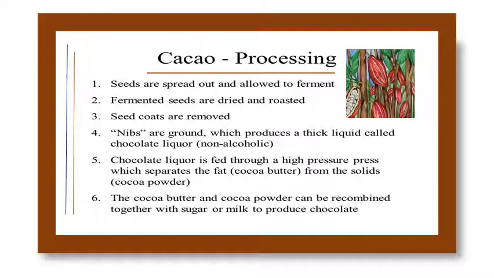The fat is called cocoa butter and the solids form cocoa powder. The cocoa butter and cocoa powder can be recombined together with sugar or milk to produce chocolate.